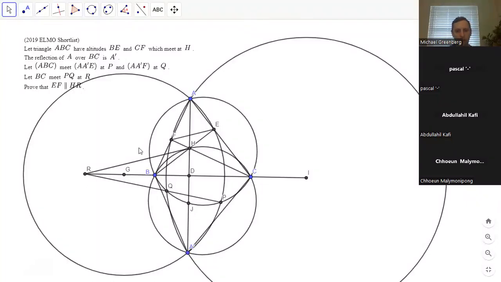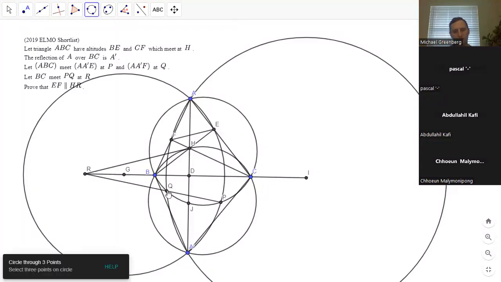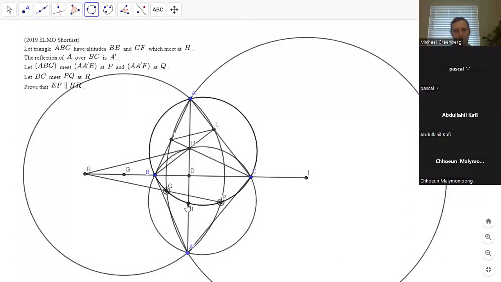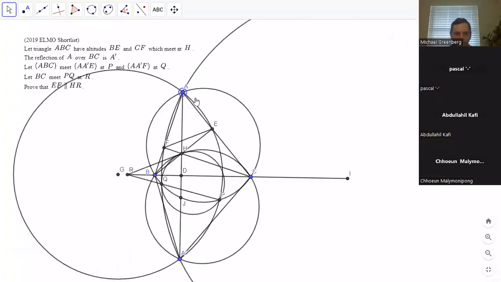It looks a lot like the radical axis theorem might help. And we'd have to find some circle. These circles almost look tangent. Let's check. I don't think it's likely they are.